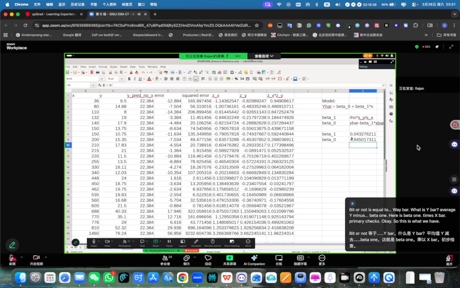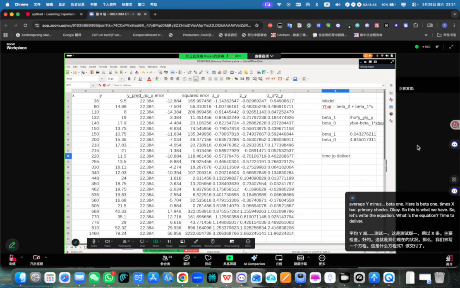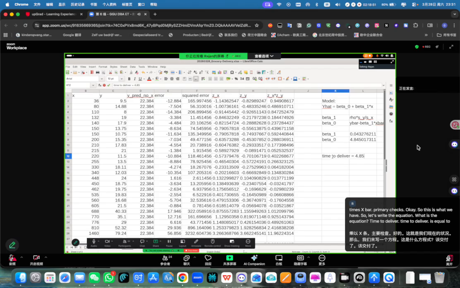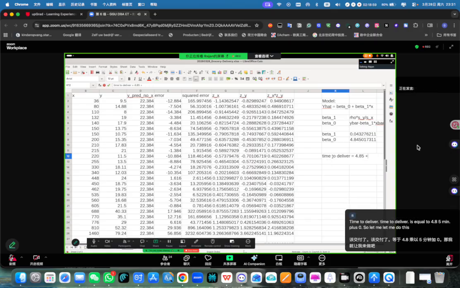So let's write the equation. Time to deliver is equal to 4.8450 minutes plus 0.0433 times distance.